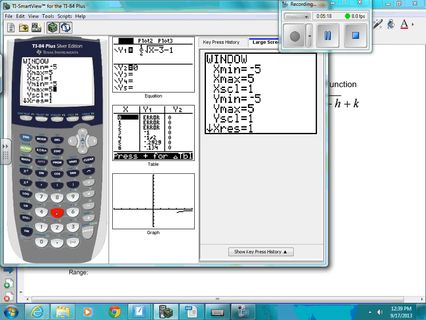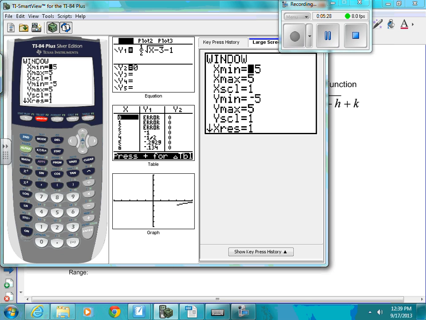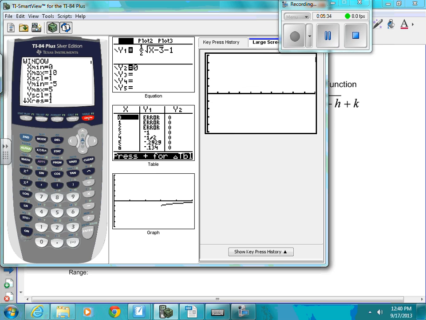Just shrink down the scale a little bit just to make it fit in there a little nicer. Okay, and I'll do it again one more time. We'll make our X-min 0, our X-max 10. Let's see if that frames it a little bit better. That's a little bit better.